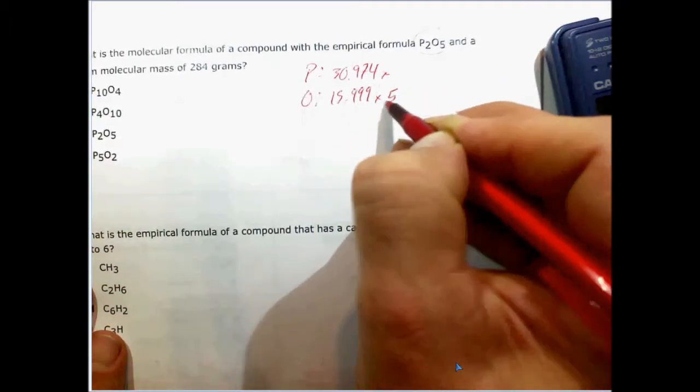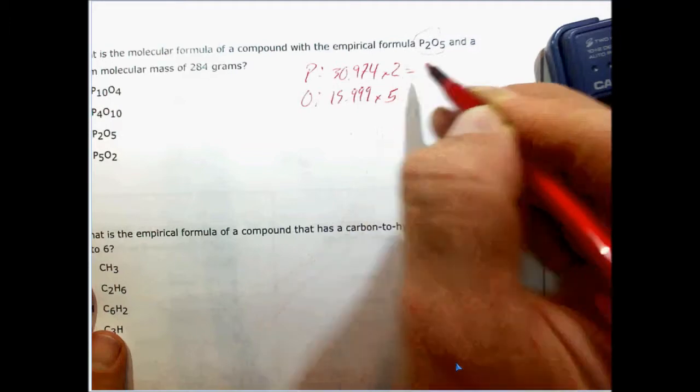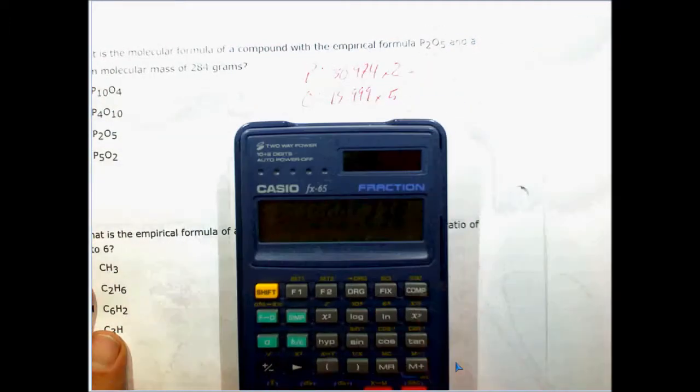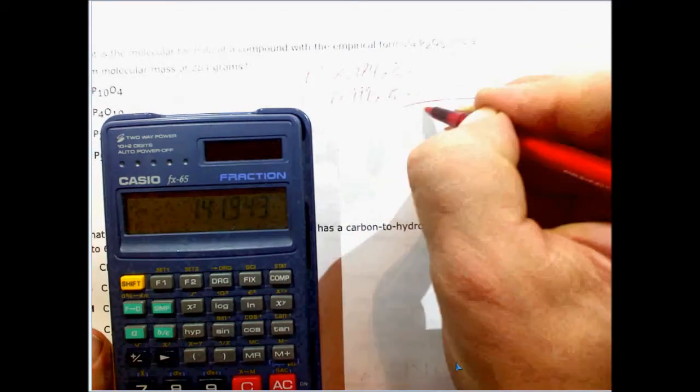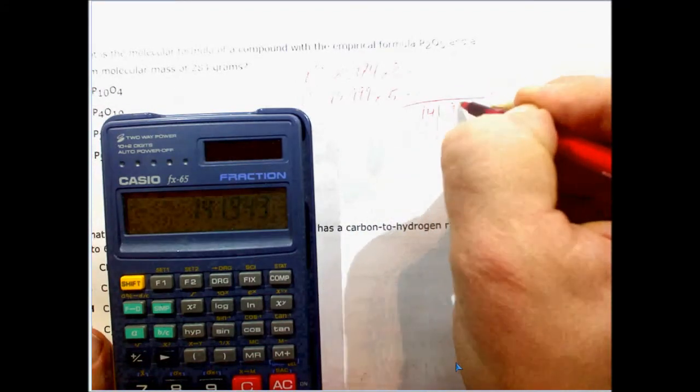Multiply this by 5, multiply this by 2. 30.974 times 2 plus 15.999 times 5 equals 141.943.